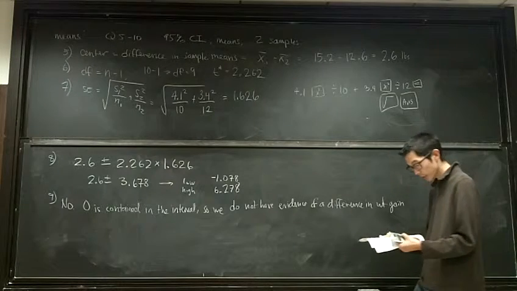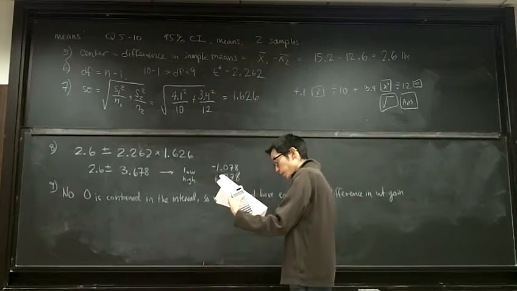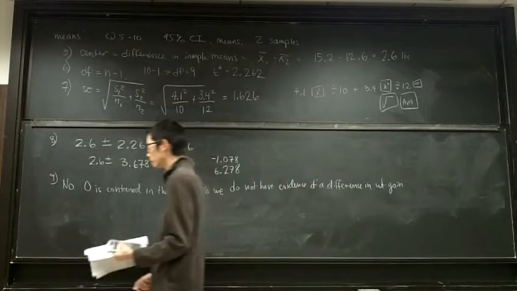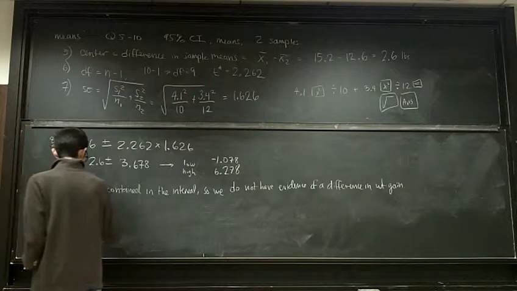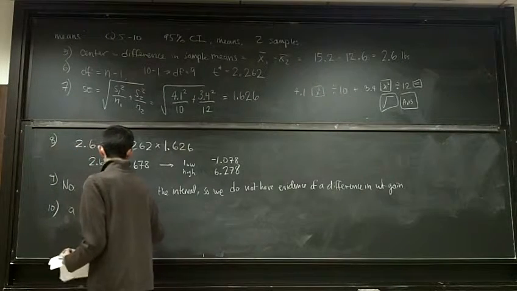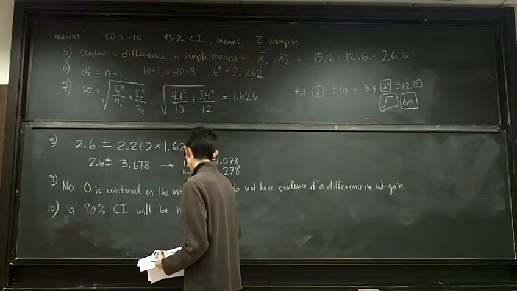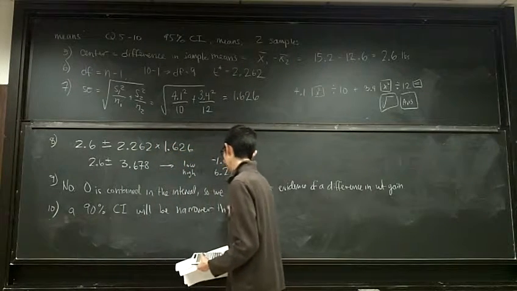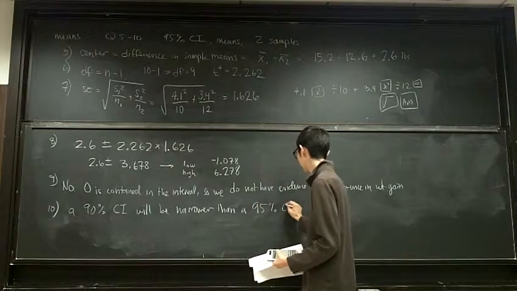And then 10, if you made a 90% confidence interval, how would it compare to the 95% confidence interval? A 90% confidence interval will be narrower than a 95% confidence interval.